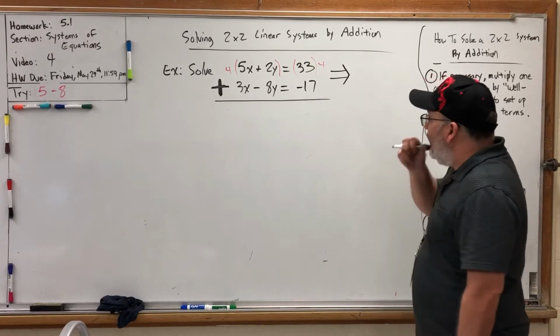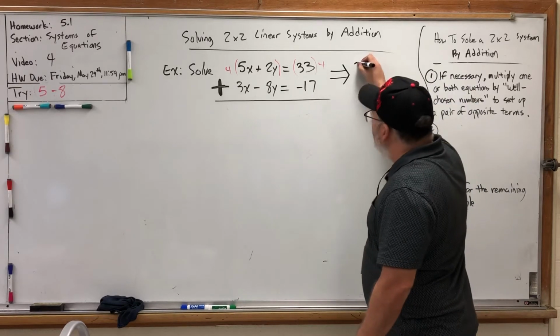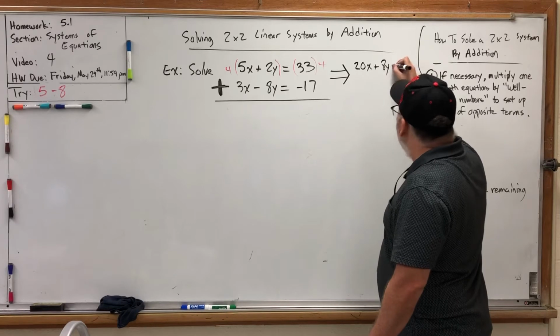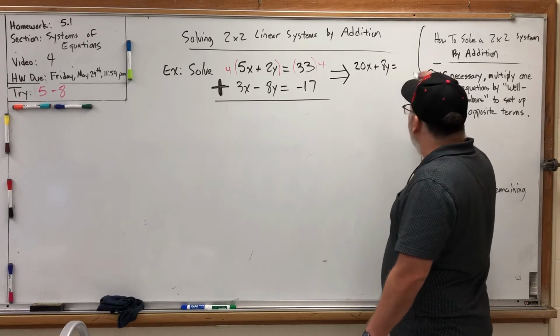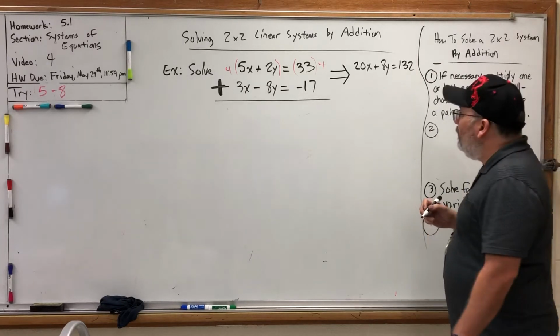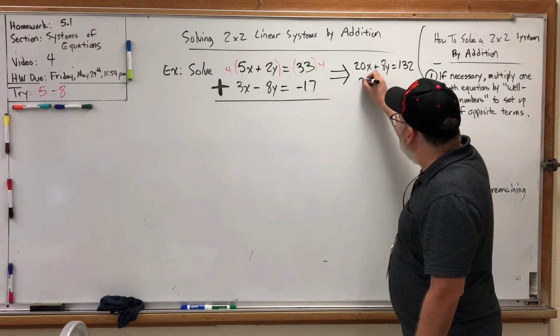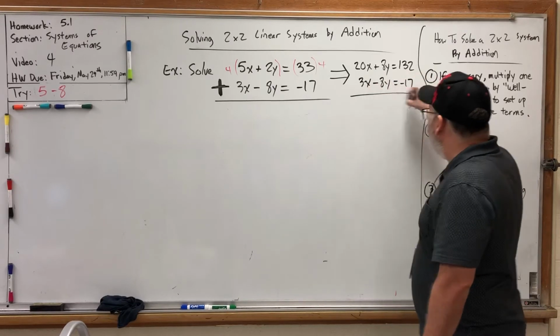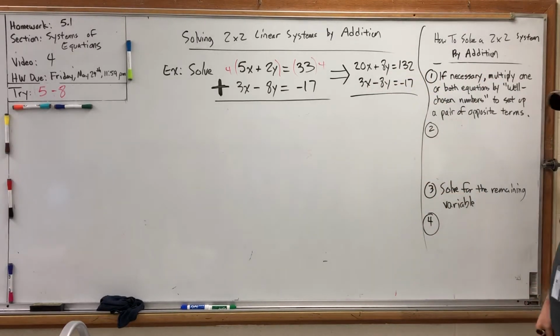If I multiply the top equation by 4, I will get 20x plus 8y equals 132. Use a calculator if you feel. I didn't adjust the bottom equation, so it's still 3x minus 8y equals negative 17. And if you'll notice, I've got my opposite pair of terms set up now.